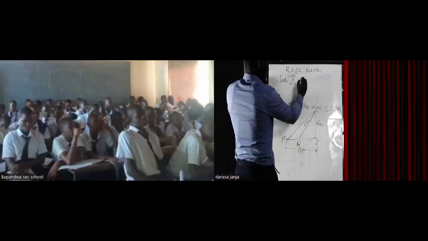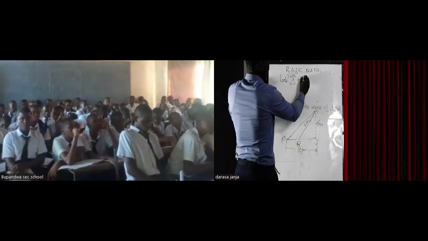How to do this kind of problem here? First of all, you have to find the length RS from this small triangle. So, solution, you have to look at triangle RSQ, the small one.